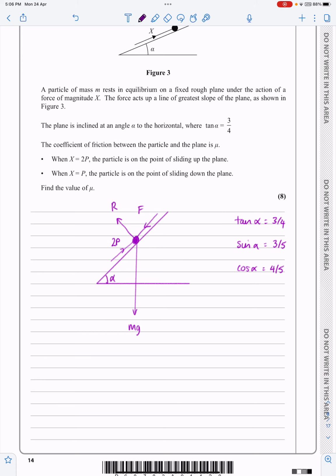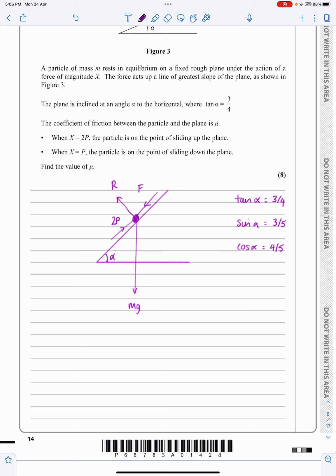As always, once I've put all my forces on, I'm going to resolve, in this case, parallel and perpendicular to the plane. That's alpha again, which means if I put my arrows on, this is mg cos alpha, and this is mg sine alpha.